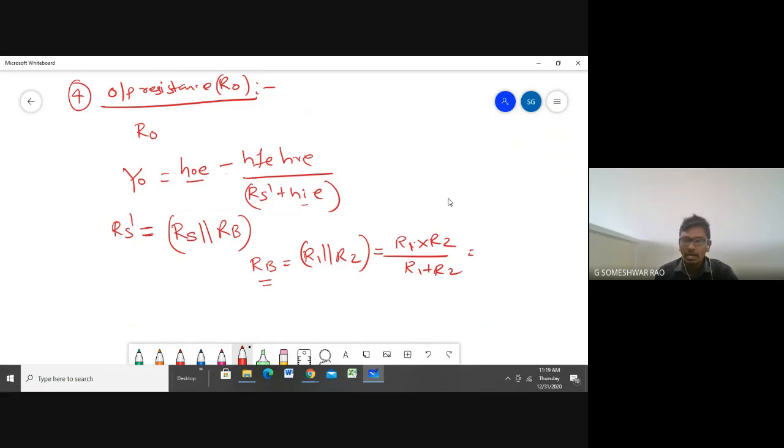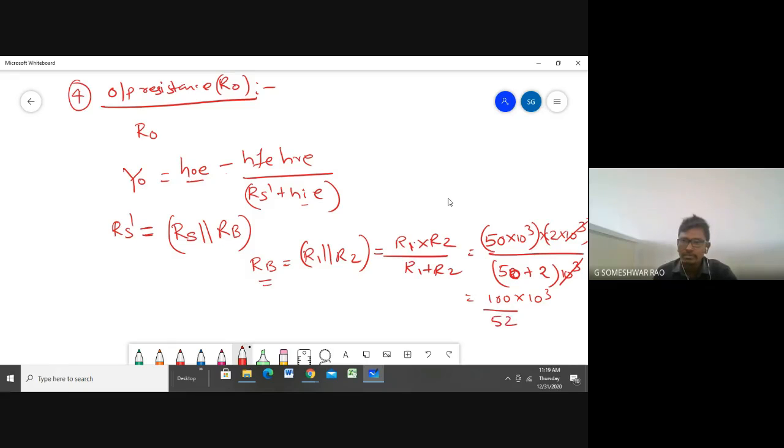R1 is 50K into 2K, 10 power 3, divided by 52K. K and K get cancelled. So 100 into 10 power 3 divided by 52.